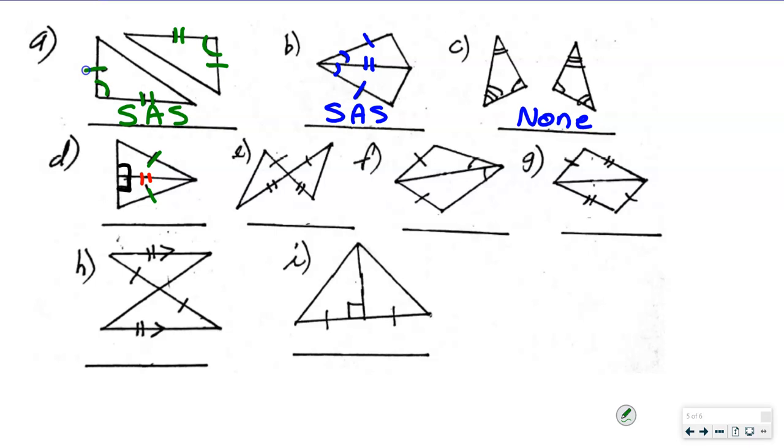These sides out here would be the hypotenuse. Remember, the hypotenuse is opposite your right angle. So this is hypotenuse congruent and at least one leg congruent to the other triangle. So this is HL.